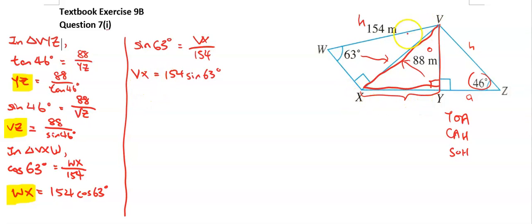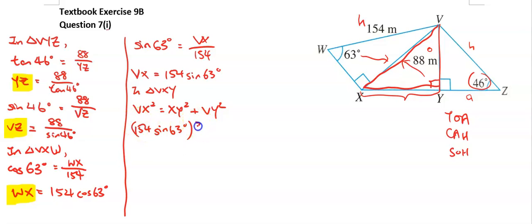After we have found VX, we can now look at triangle VXY. In triangle VXY, VX is the hypotenuse, so we use Pythagoras theorem. VX squared equals XY squared plus VY squared. VY is 88, so VX squared, which is 154 sine 63 degrees whole thing squared, equals XY squared plus 88 squared.